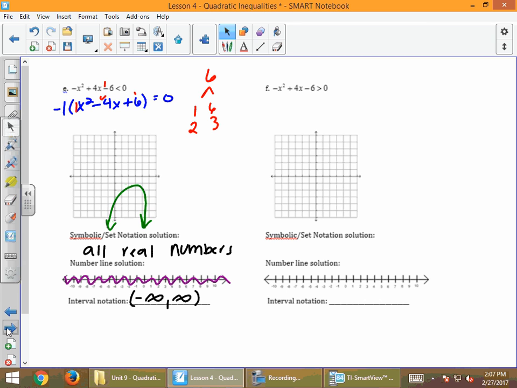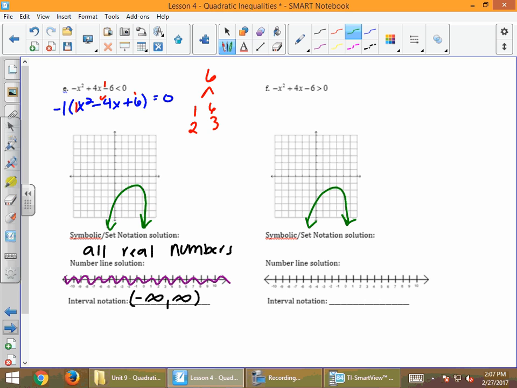If we look at f, it's the same graph, something like this. We'll sketch. But this time, where are we looking, above or below? Above, yeah. This is greater than 0, so we're looking above. But is any part of that graph above the x-axis? No. So is any x value we plug in going to give us a positive answer?